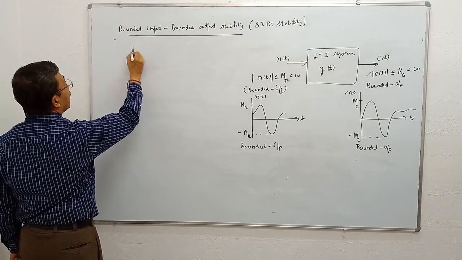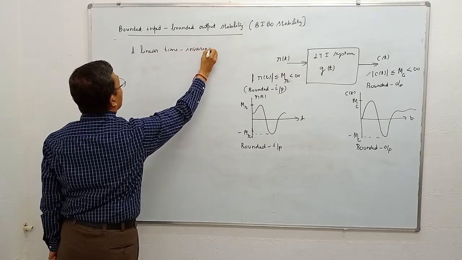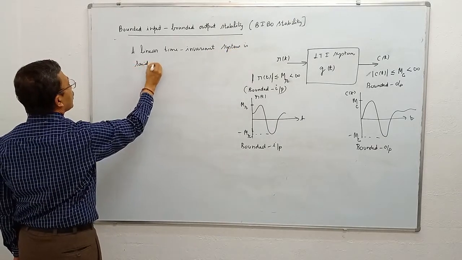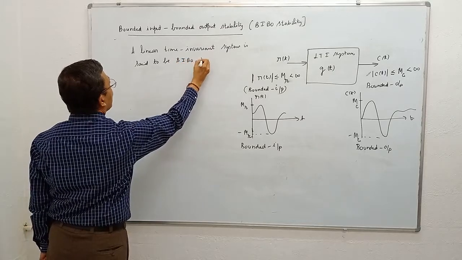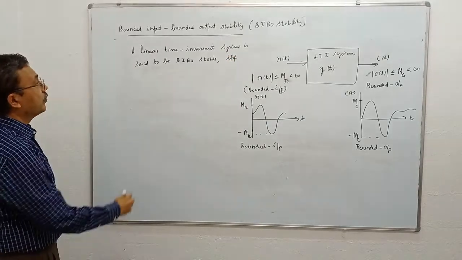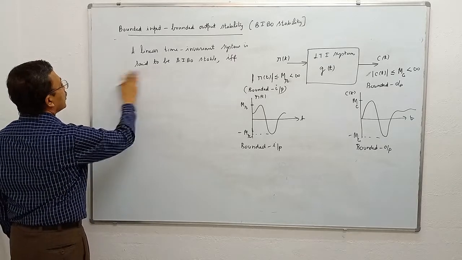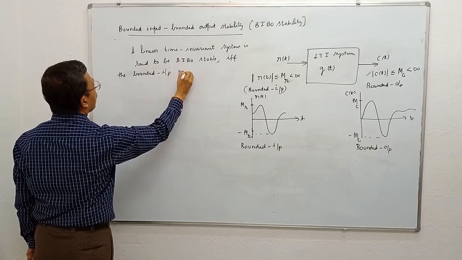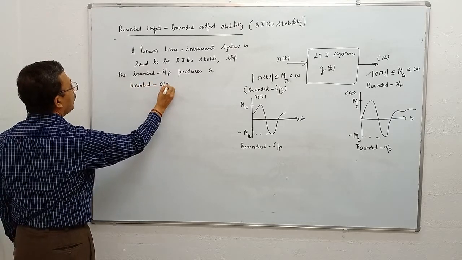I am going to say a linear time invariant system is said to be BIBO stable if and only if, IFF means if and only if, the bounded input produces a bounded output. Bounded input should produce a bounded output.